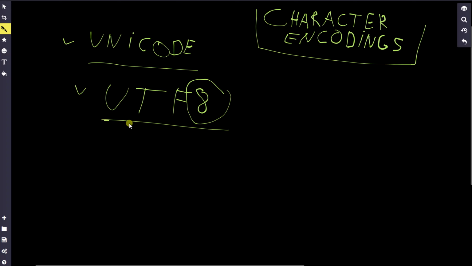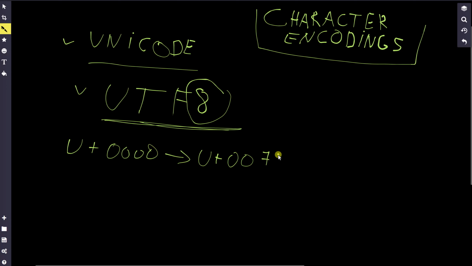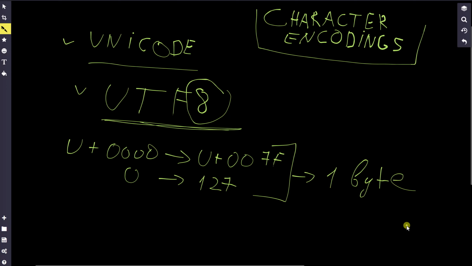In this standard specifically, code points from all zeros to 007F, which corresponds to this range, are encoded with a single byte of information, which perfectly correlates to what we had with ASCII.